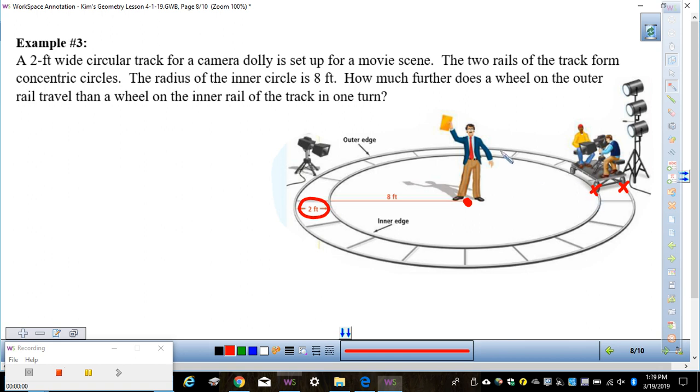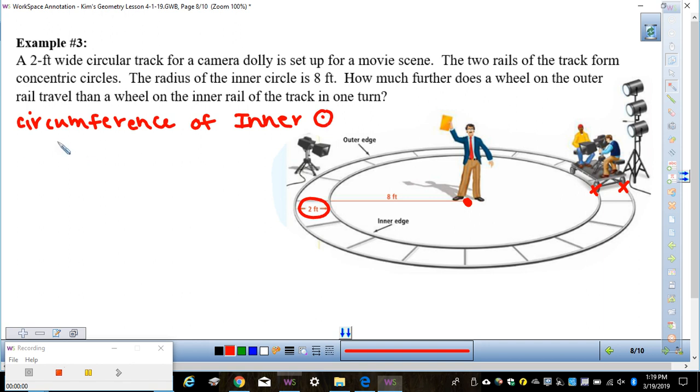So in order to do this, we need two different circumferences. I'm going to start with the circumference of the inner circle. I'm just going to abbreviate circle with our little circle symbol.